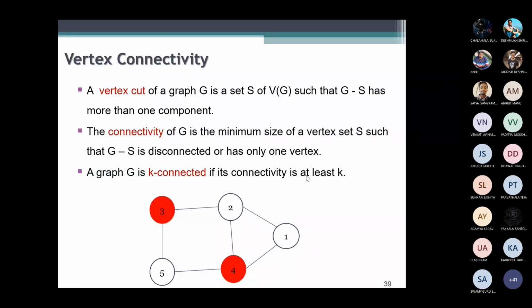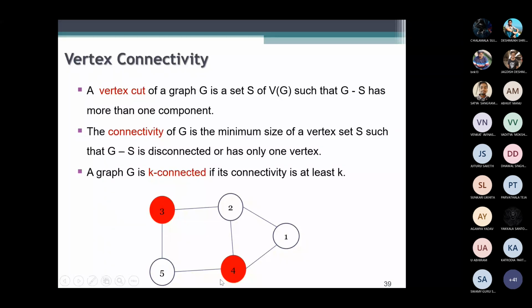Coming to vertex connectivity. A vertex cut of a graph G is a set S, basically a subset of vertices, deletion of which leaves the graph with more than one component. Okay. So just {3, 4}, this is a vertex cut.